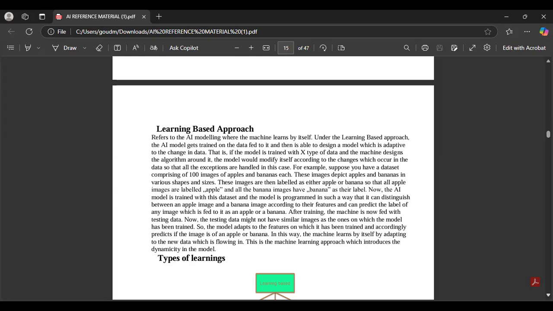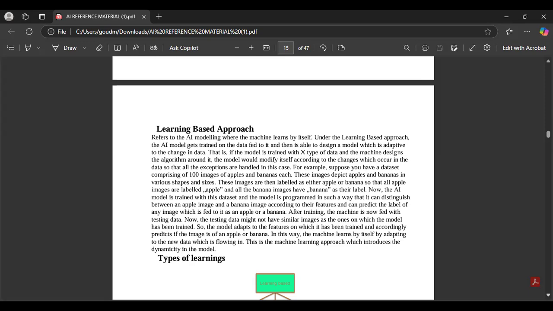Means, if the model is trained with X type of data and the machine designs the algorithm around it, the model would modify itself according to the changes which occur in the data so that all exceptions are handled. Suppose now I'm designing a model to identify apples and bananas.